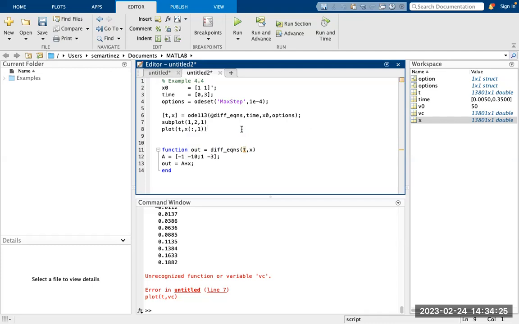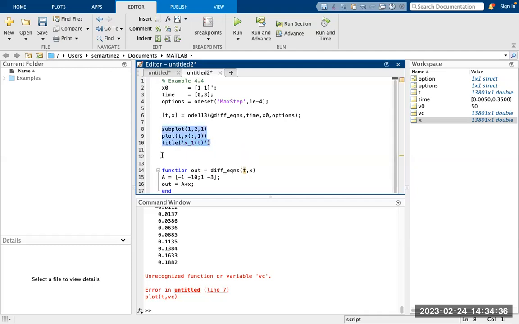We're going to use some title here, and we're going to call it x1(t), so we know which one is which. And the second one is going to be all the rows, second column, which is x2.